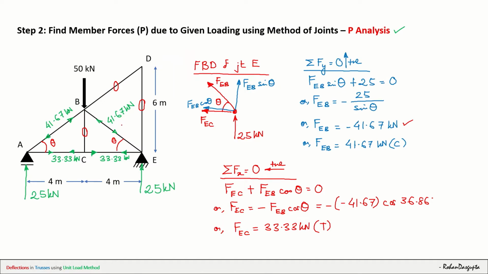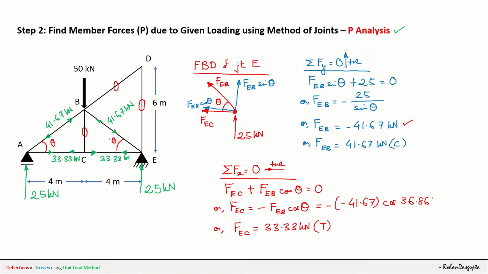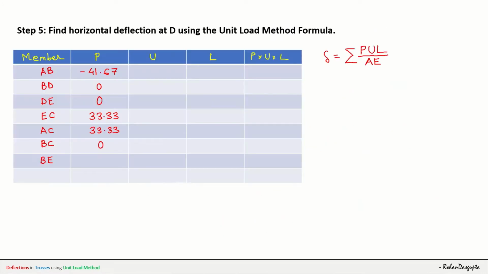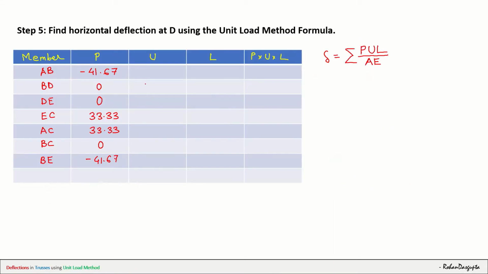Member force BC is 0, and lastly BE is again minus 41.67. Now for the U analysis, you already have this table, so simply fetch the values from there. So I will have minus 1.25, minus 1.25.